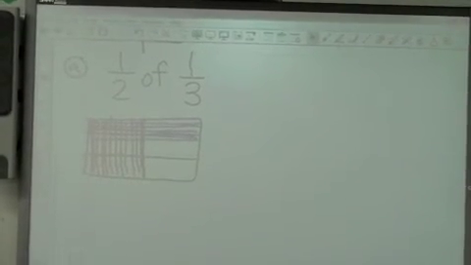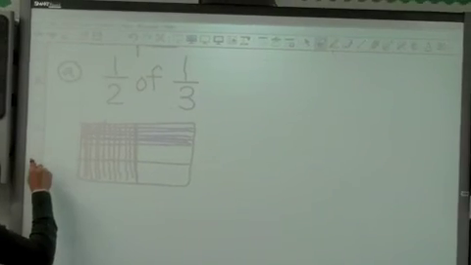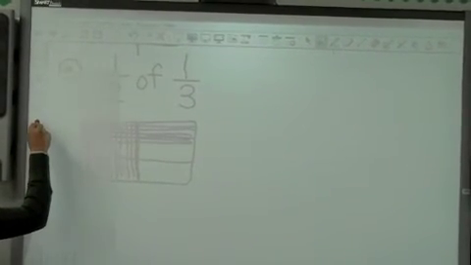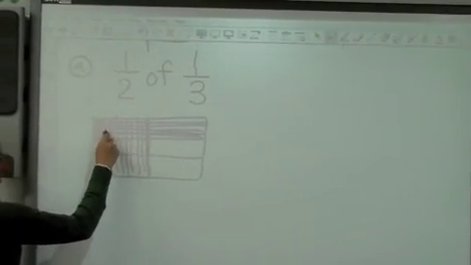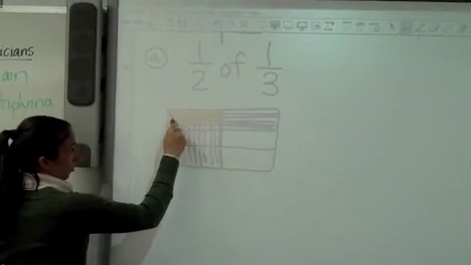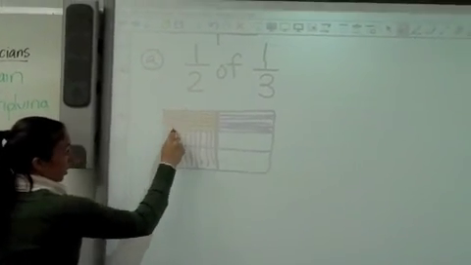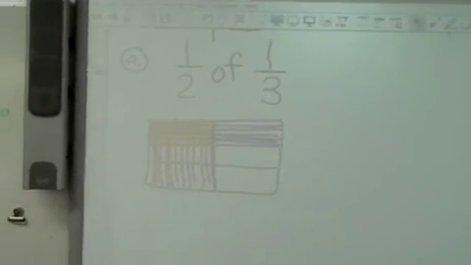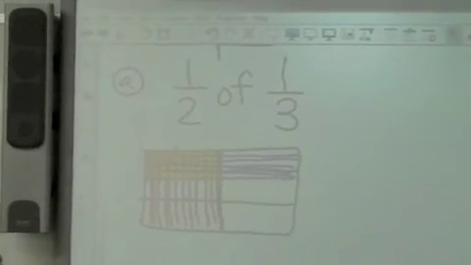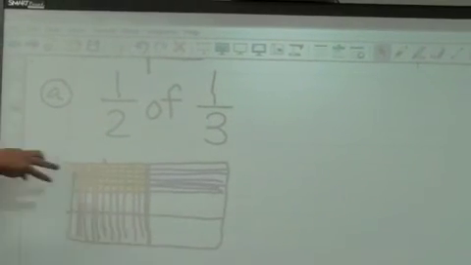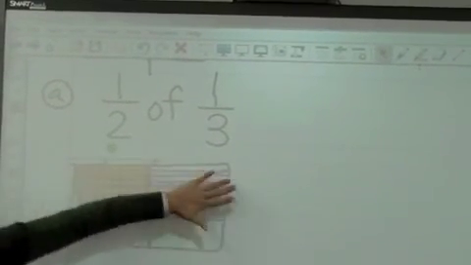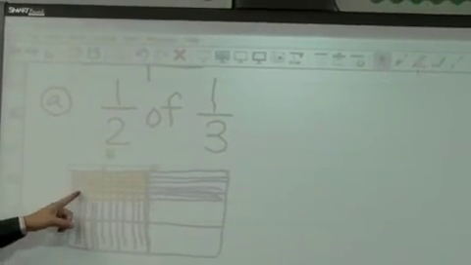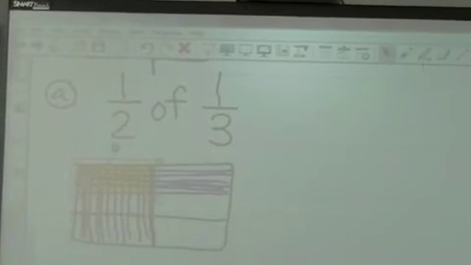Great. So the intersection is just this one piece. The intersection is where the blue lines and the red lines cross. So what is half of my blue third? Take a look.